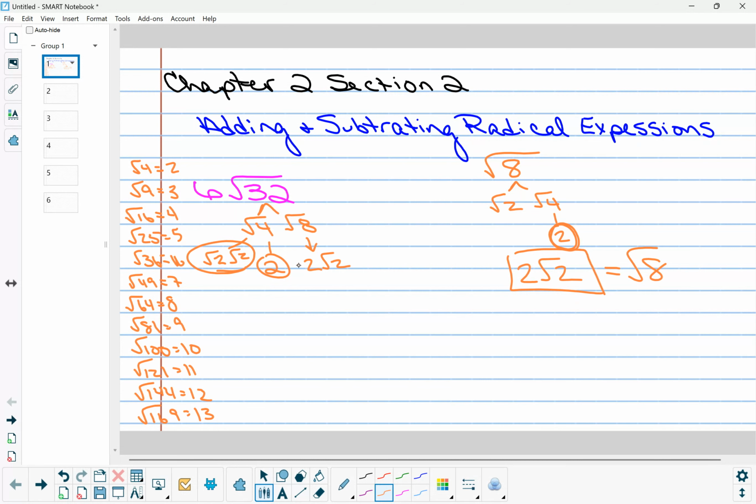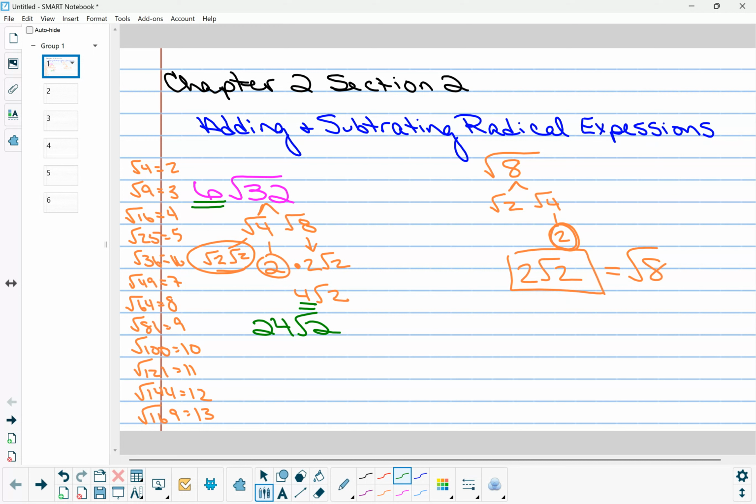So now you would multiply these, right, and get 4 radical 2. But now you need to take this coefficient out front and multiply it by the coefficient you get out front when you simplify. So this is actually going to be 24 radical 2. Okay, so if a number's out front, it's always going to stay out front.